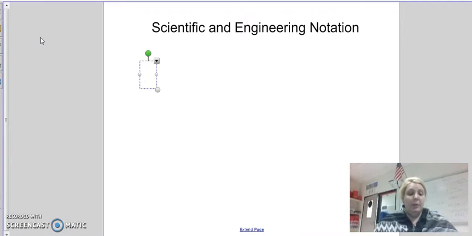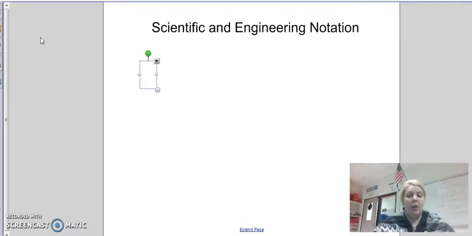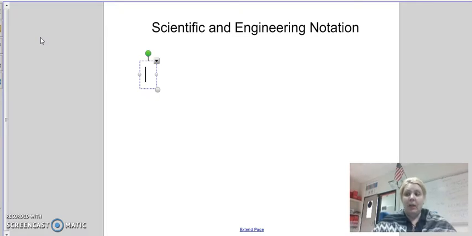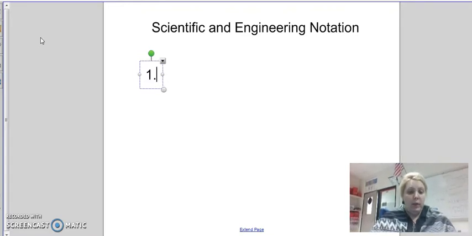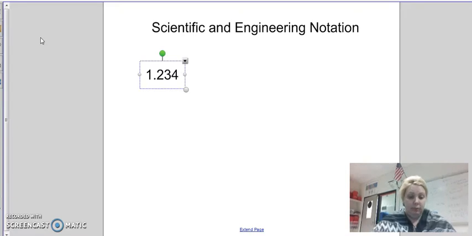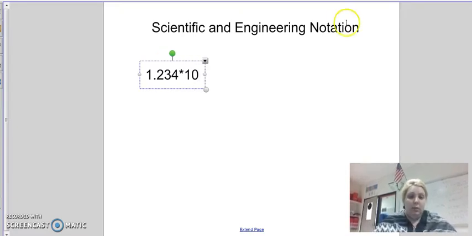So any number can be written in scientific notation, and scientific notation generally means you have one digit in front of your decimal point, and then you have 10 to some kind of power. So for example, I have 1.234 times 10 to the 5.